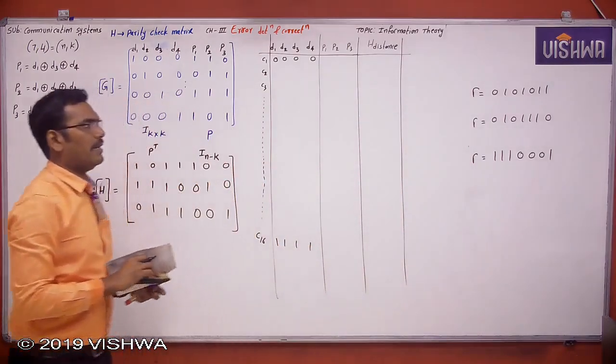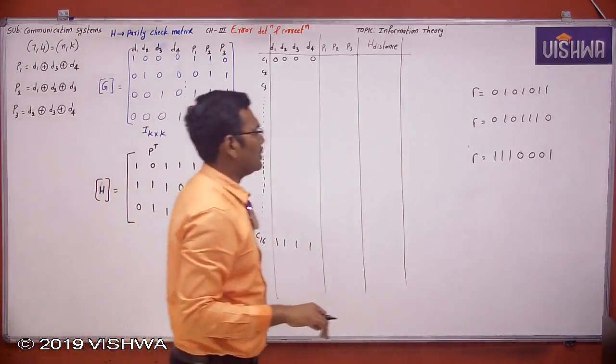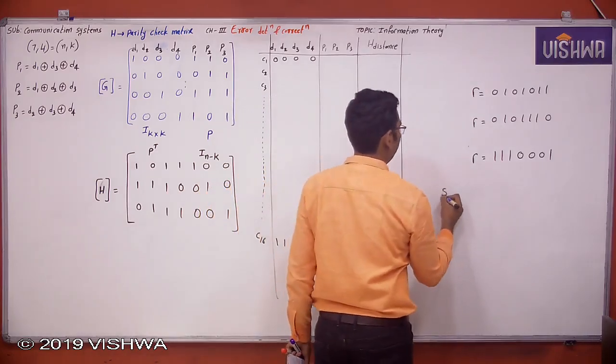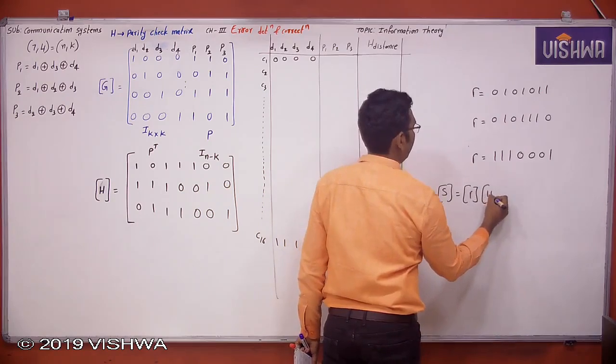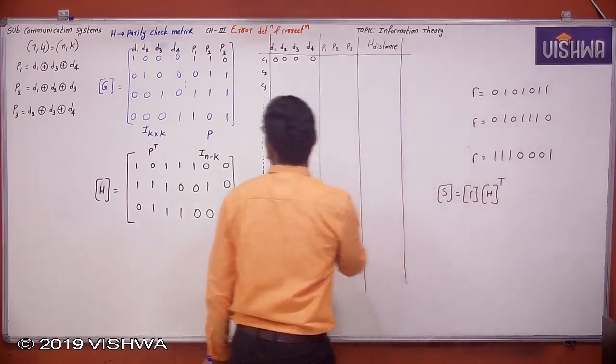Now the first 4 are data bits and the remaining 3 are parity bits. Same syndrome decoding: S equal to R into H transpose, where R is the received code. H is already available.